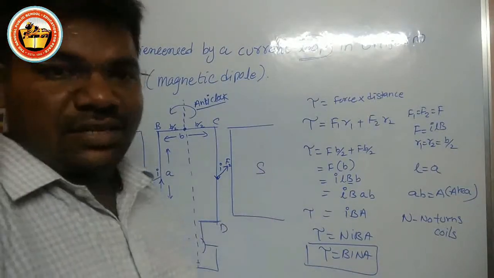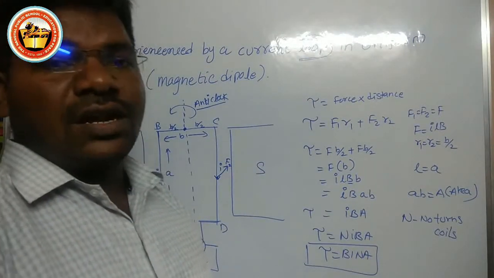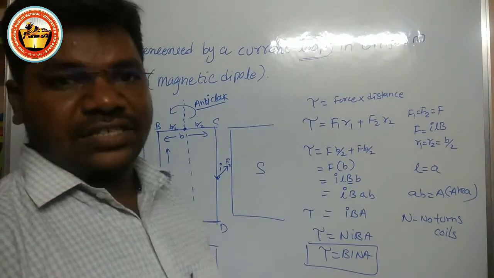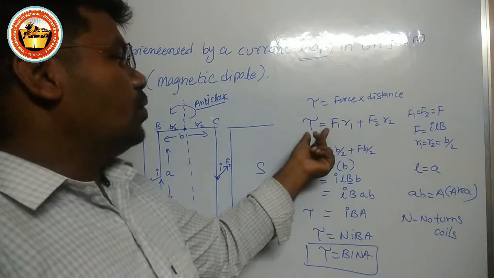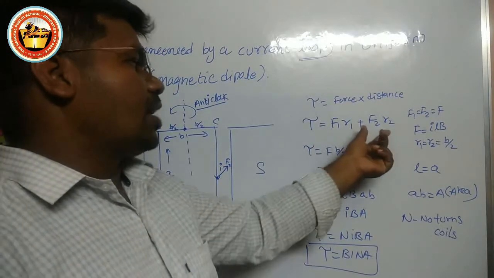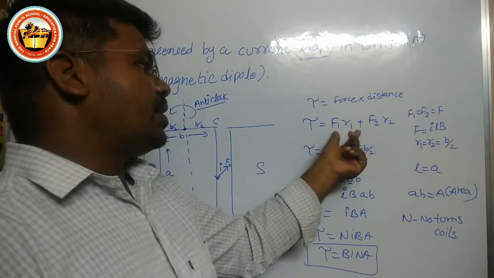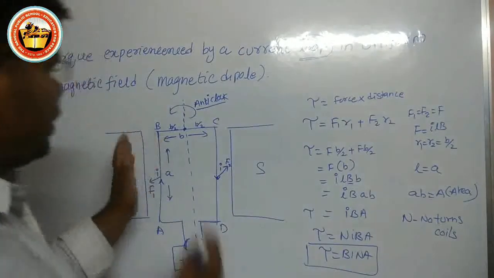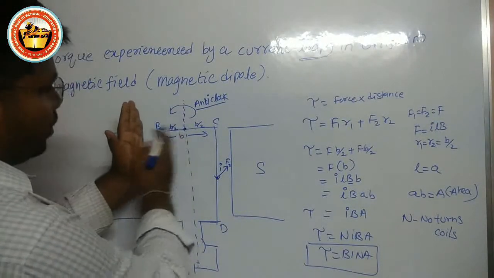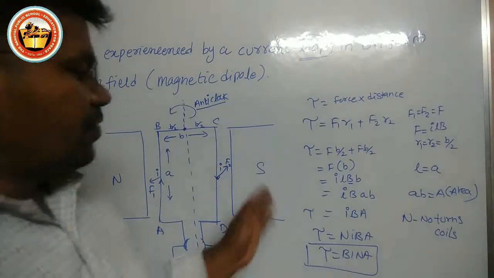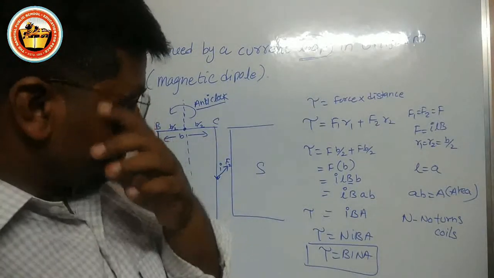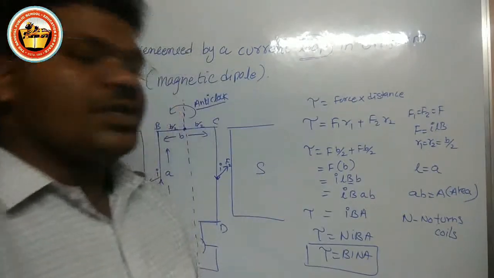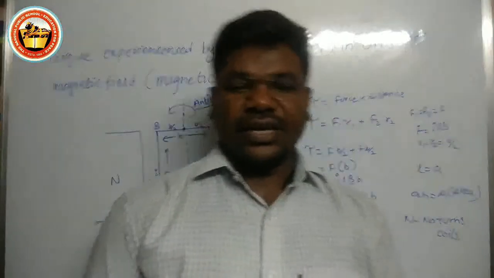Here a couple is acting: two equal and opposite forces not in the same line of action. So tau is equal to torque 1 plus torque 2, force into perpendicular distance and force into perpendicular distance. b by 2 is half of BC. With the help of this we find the torque: tau is equal to BINA.